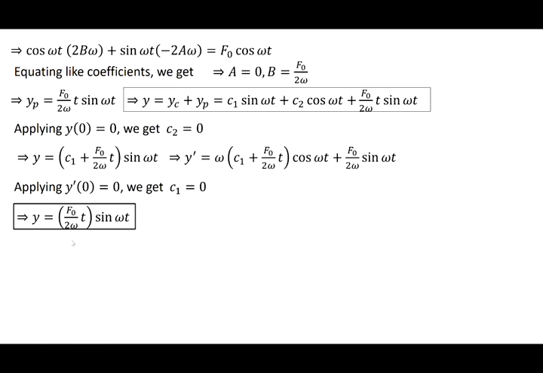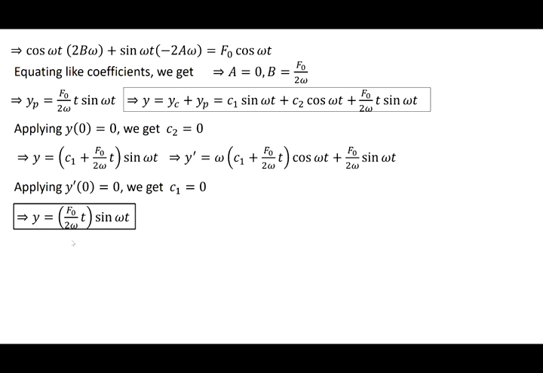So the solution turns out to be f sub 0 over 2 omega times t sine omega t. Sine omega t is just a sine function, right? With a period of 2 pi over omega. So omega is the frequency of this sine function. And the amplitude is the curious one.